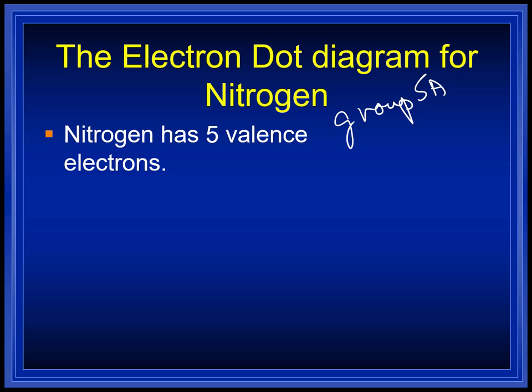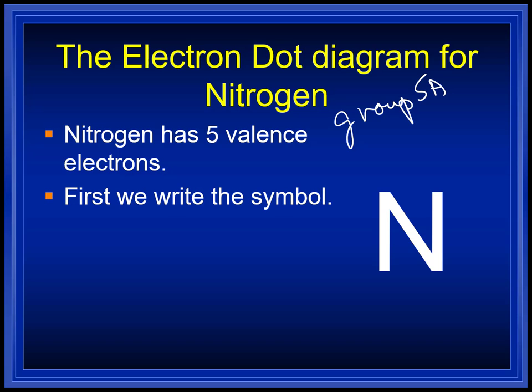So first we write the symbol. And for nitrogen, that's a capital N. Be careful with your capital and lowercase letters. If it has two letters, the first one's capital, the second one's lowercase. Okay.